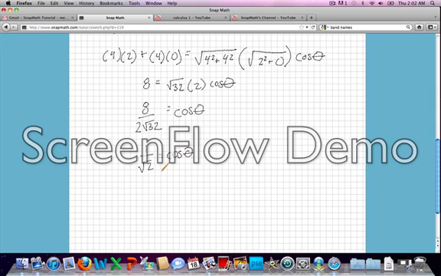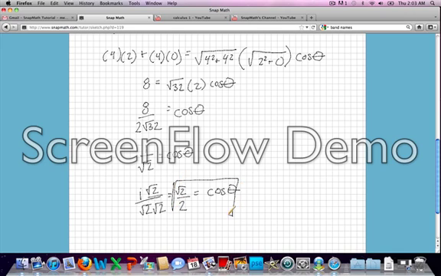I can rationalize my denominator here so that if I multiply both the top and the bottom by root 2, I end up with root 2 over 2. That's all equal to cosine theta.